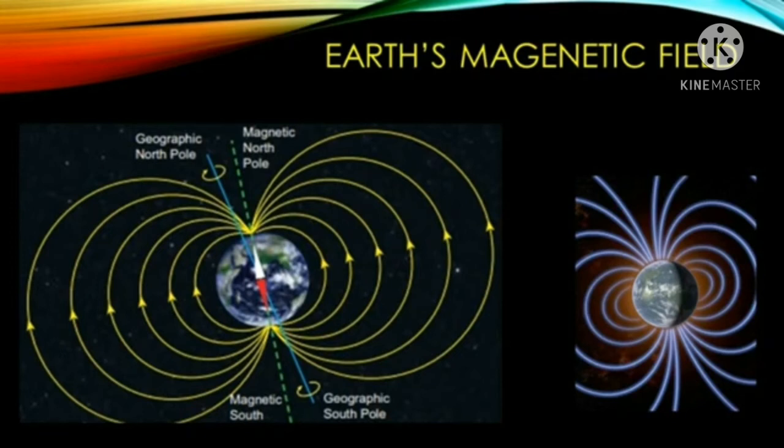Thus, it is appropriate to say that the magnetic north pole of the needle is attracted by the magnetic south pole of the earth, which is located at the geographic north. Also, the magnetic south pole of the needle is attracted by the magnetic north pole of the earth, which is located at the geographic south.